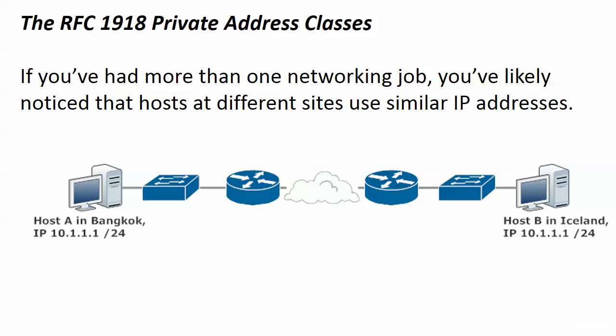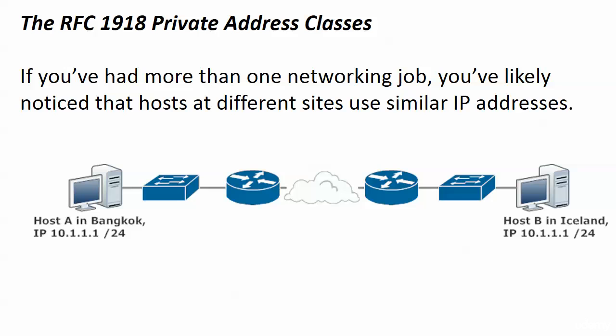And the thing is, this allows us to reuse certain IP addresses all over the world. You could go to the city that you're in right now, go to a random network, and you probably have a host in that network that's using the 10.1.1.1/24 network, or excuse me, IP address. And then halfway across the world from wherever you are, there's another host on another internal network that's using the same IP address.